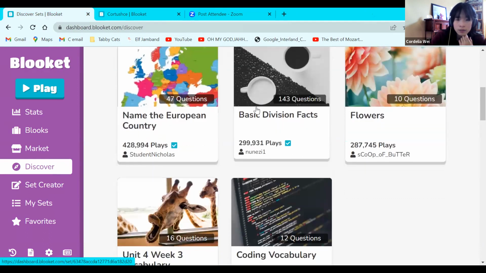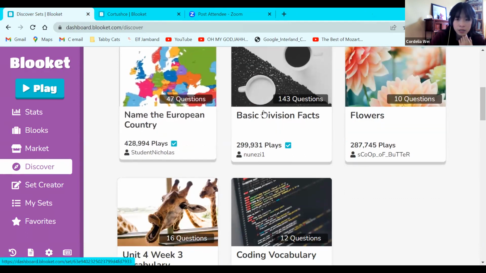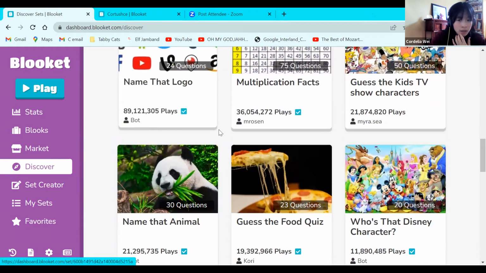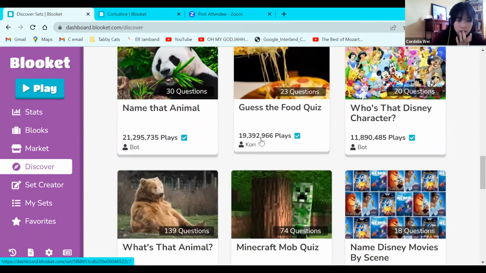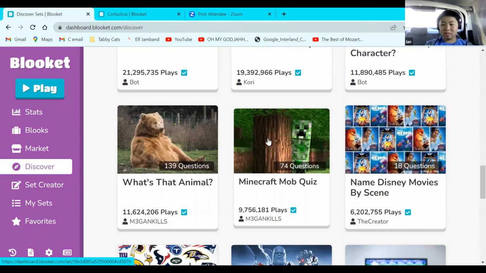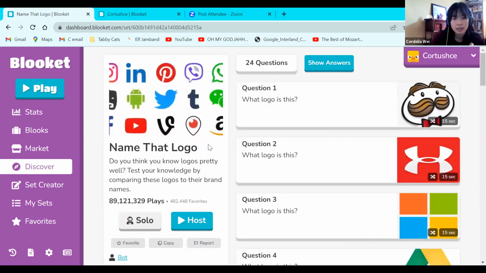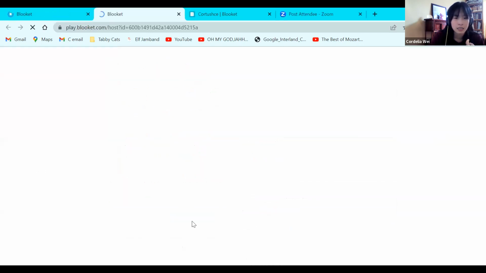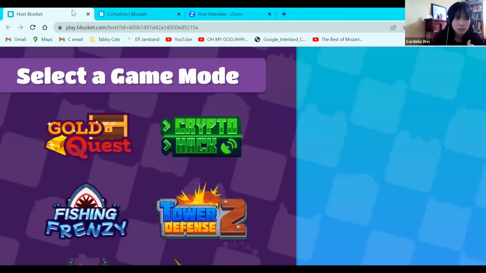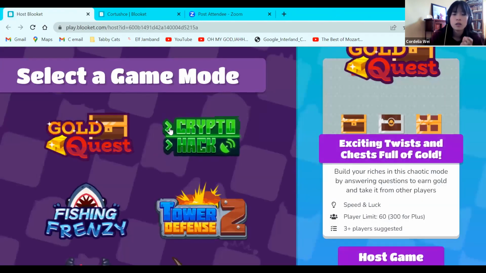Do you want to do flowers? Name the European country. Name that logo. Animal, food quiz, Disney character. So I think I'm actually pretty good at this because I played this a lot in sixth grade. Do you want to do crypto hacks since we already did it?